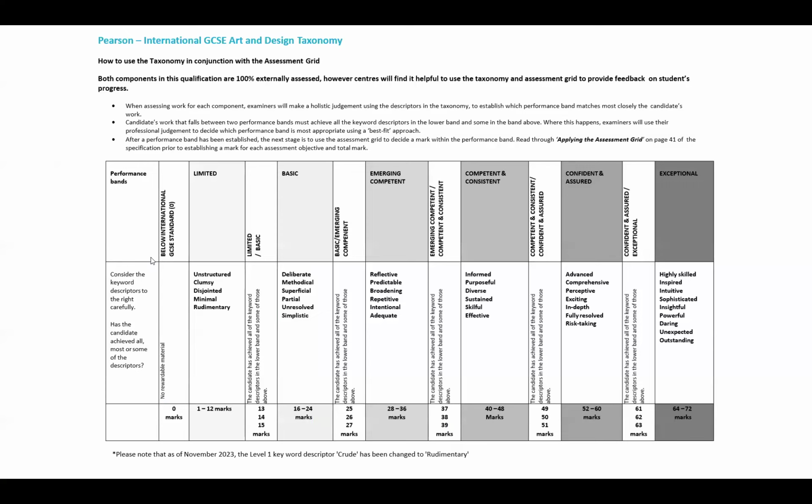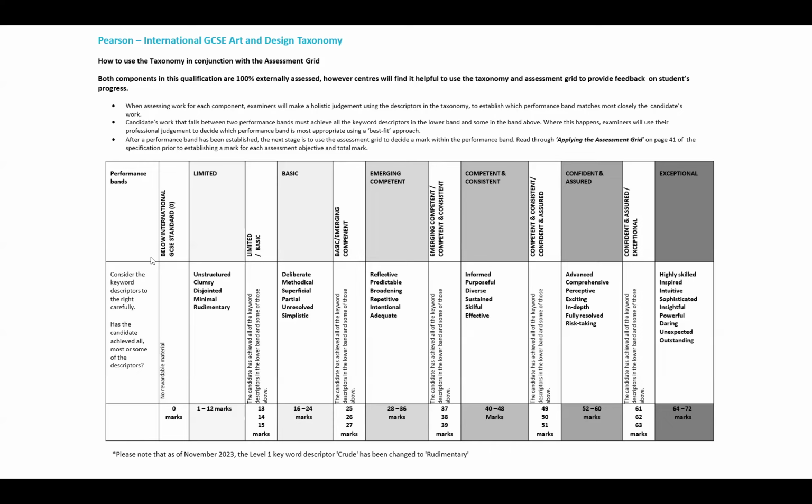So just to remind you of what the taxonomy looks like, we covered how examiners would use the descriptors of taxonomy to decide which mark band best fits the visual characteristics of the work, and then decide whether each assessment objective just, mostly, or fully meets the standard for this mark range using the assessment grid and exemplar standards in the exemplar gallery.